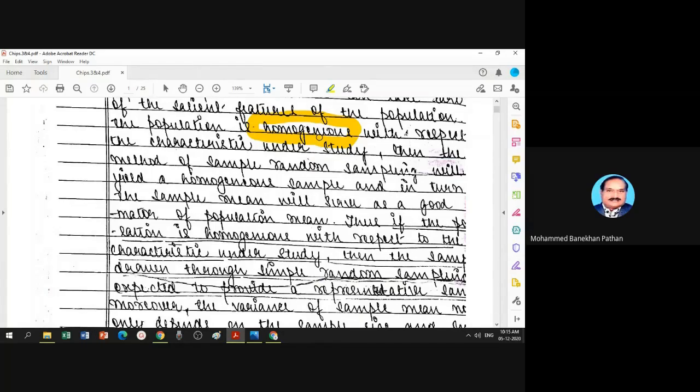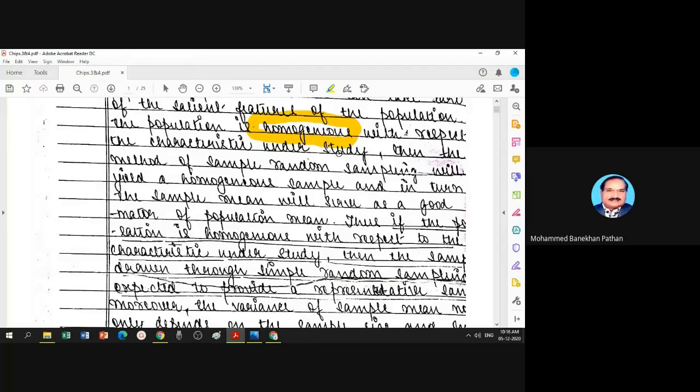The meaning of homogeneous: almost each and every unit of the population will have an equal, uniform response to the respective characteristic under study. There will be small variation in the response from one unit to another unit.